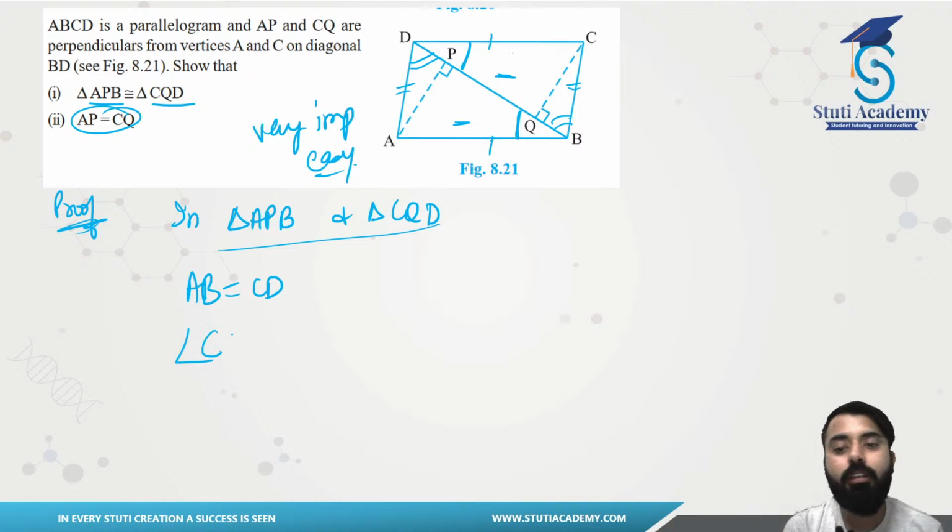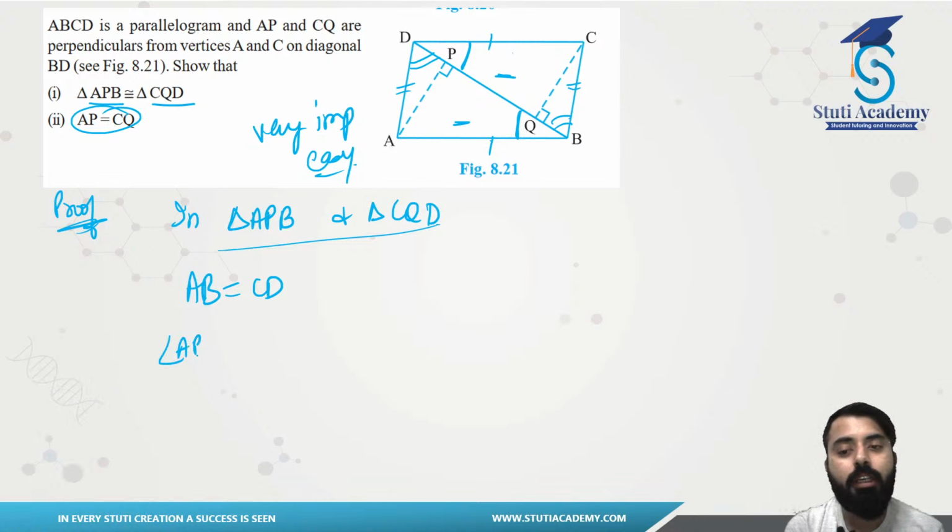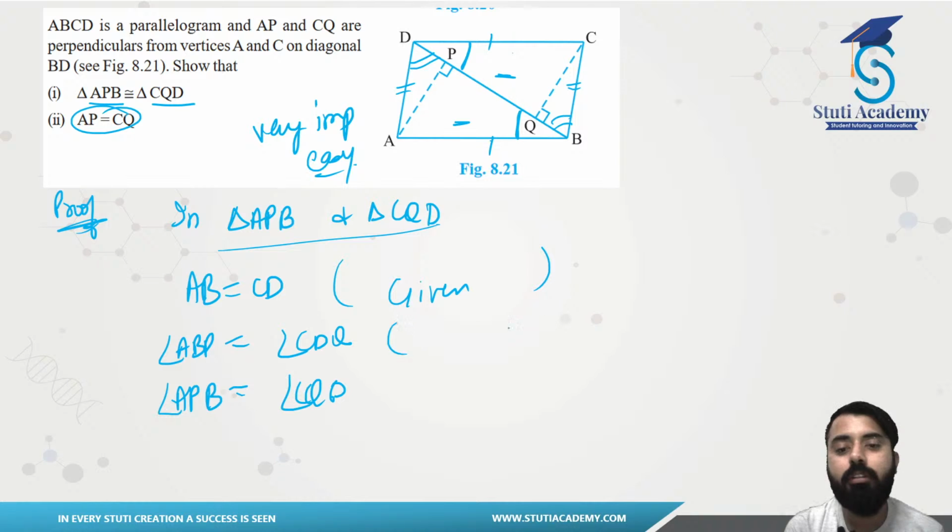Angle ABP equals angle CDQ, and lastly I can say angle APB equals angle CQD. Now guys, see, this is given, this is proven, and this is 90 each.